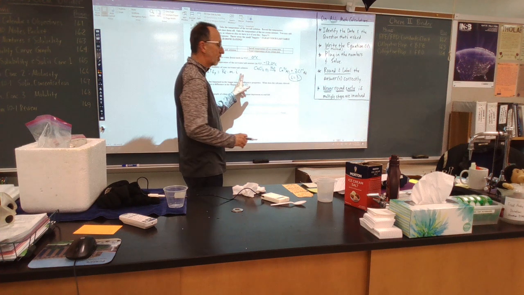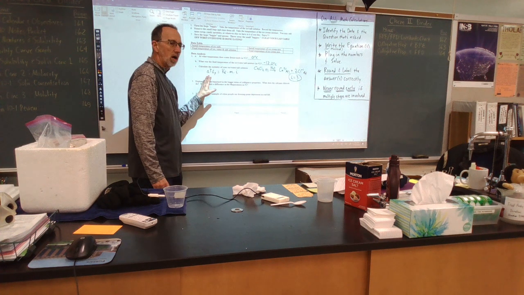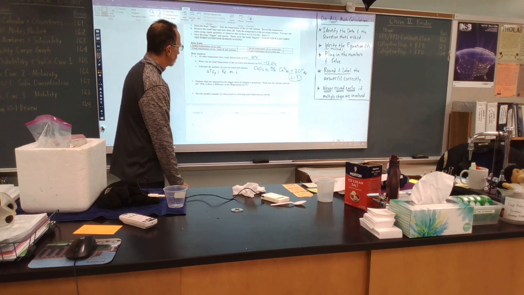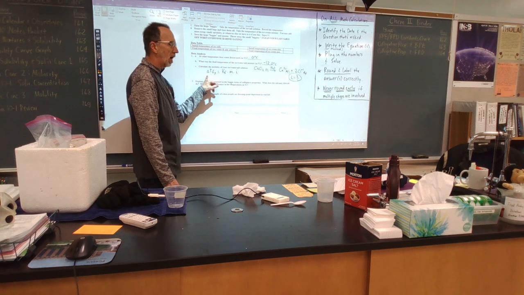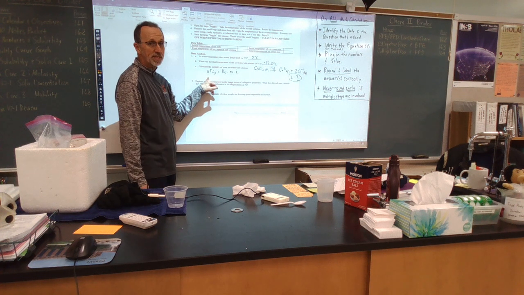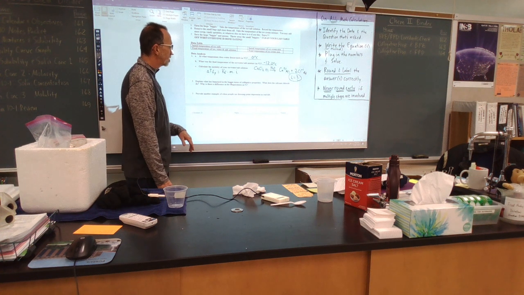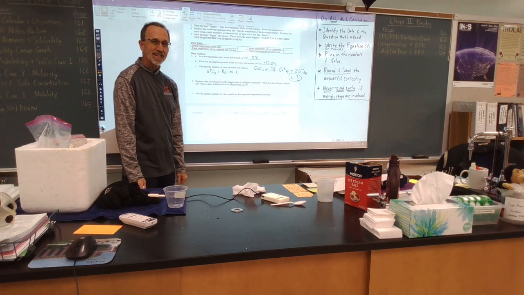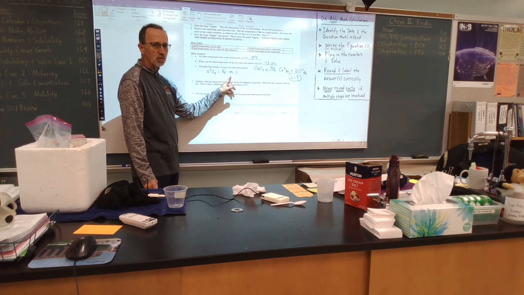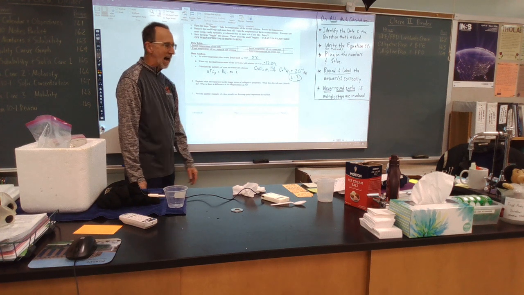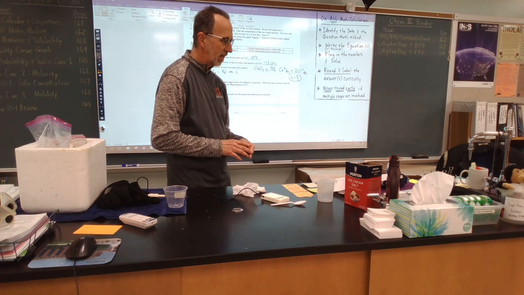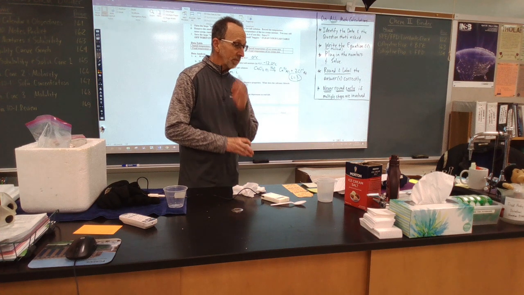But with i being equal to 3, it's going to alter the effect on the freezing point 3 times as much. So we'll plug in our change in freezing point, which was 12.0, not negative 12, but 12.0. Kf for water is a constant, 1.86, times m, which we're trying to find, and then i is 3. So what you'll do then is solve for the molality of our solution.